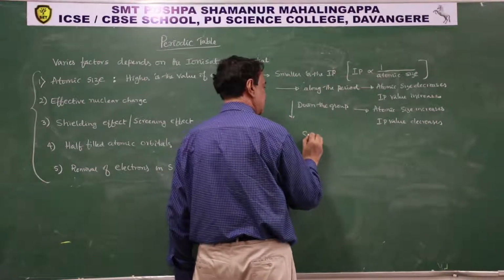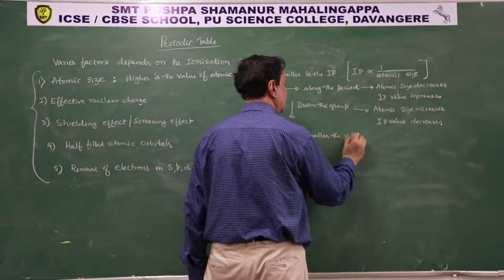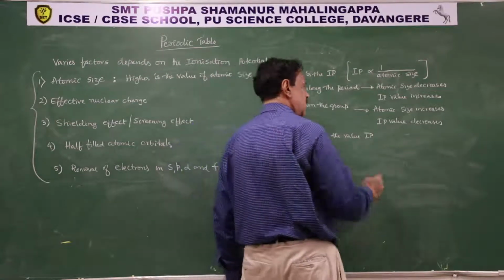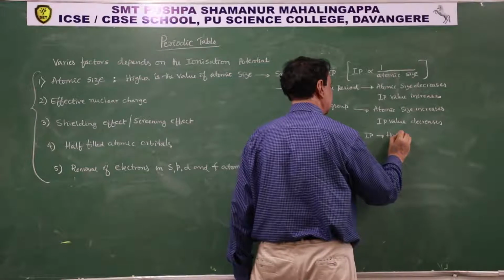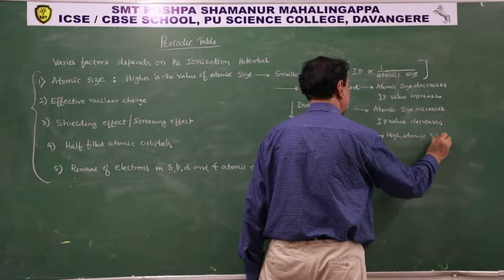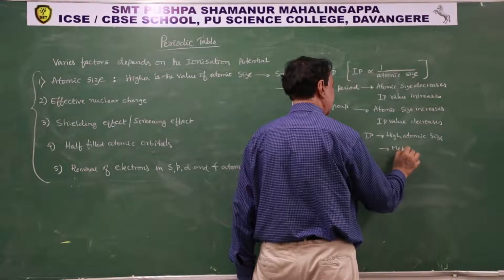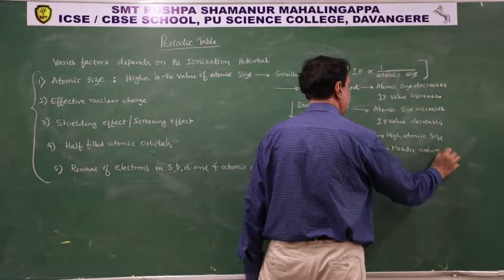This implies that the smaller the value of IP, the higher the atomic size, and metallic nature predominates.